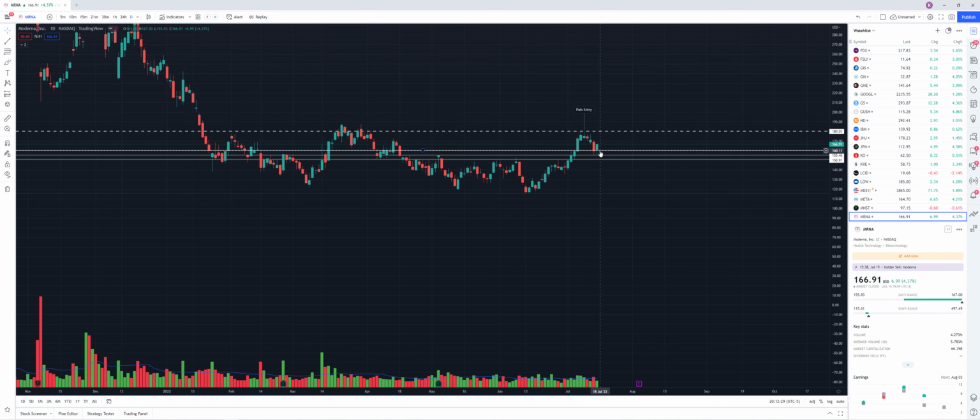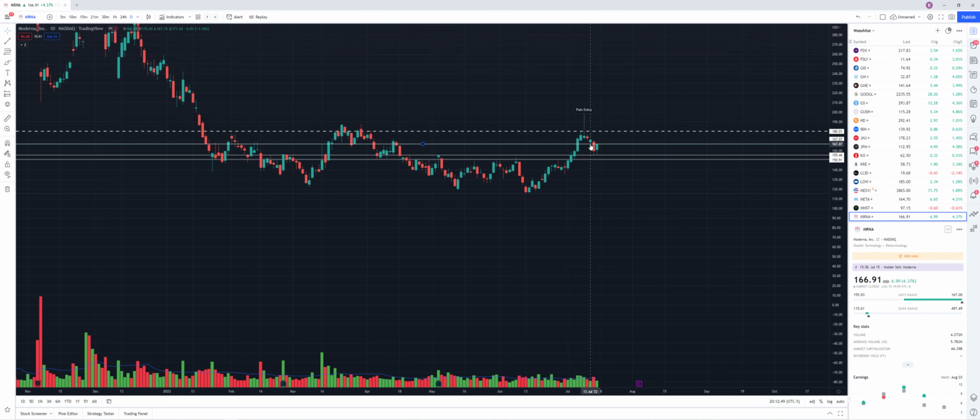So this was the reason why I entered here. I got FOMO'd right around here, so I sold at around 167, and if I had held on to it till 160, that would have been the trade of the year for me.